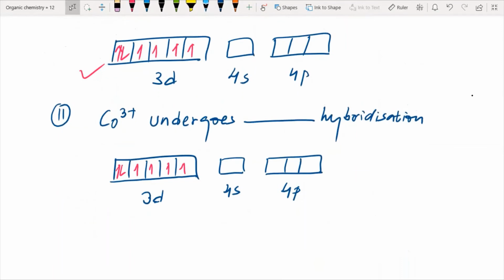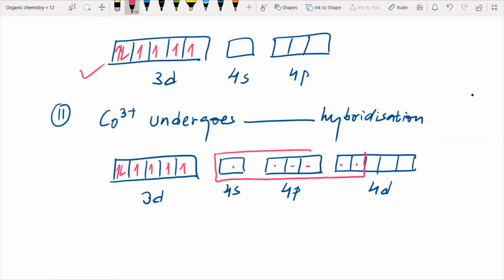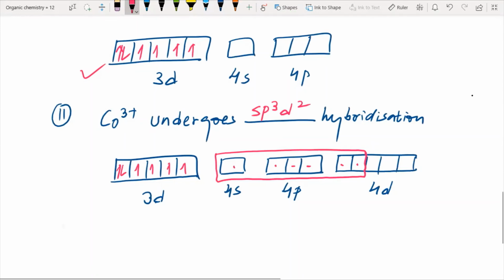As you can see, 4 orbitals are there, so for more orbitals, 4d are available. Six orbitals, 1, 2, 3, 4, 5, 6. So the orbitals available are sp3d2, so the hybridization is sp3d2.